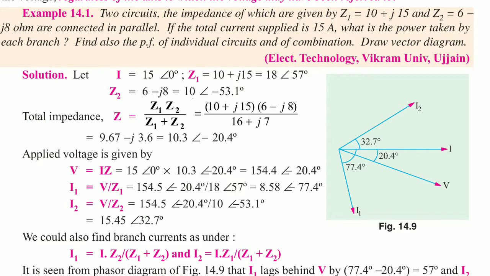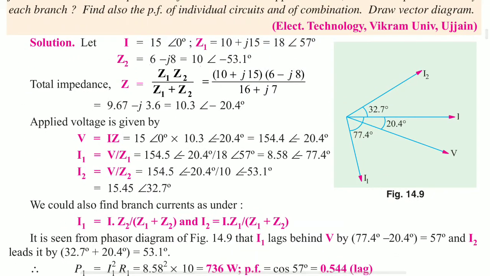So this is I1. Now I2 is equal to V by Z2, that is 154.5 angle of minus 20.4 divided by 10 angle of minus 53.1, which gives I2 as 15.45 angle of 32.7 degrees.